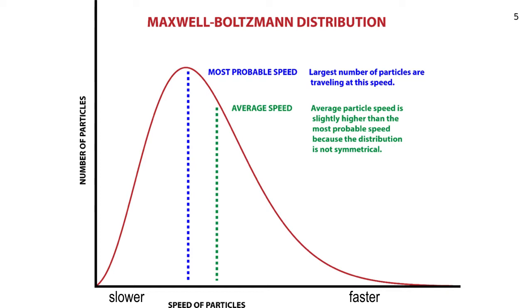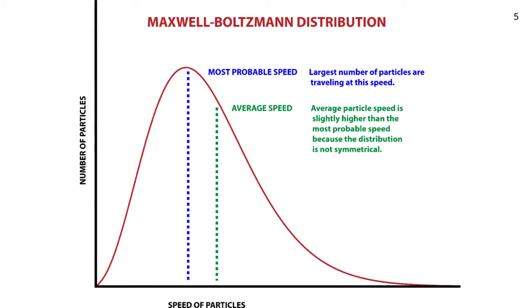It's not a bell-shaped curve, if you've ever heard of that in a psych class or a stats class. You can relate it to the bell-shaped curve, the Gaussian curve, but this is a little bit different. So now, in this particular distribution, the most probable speed is here at the peak.